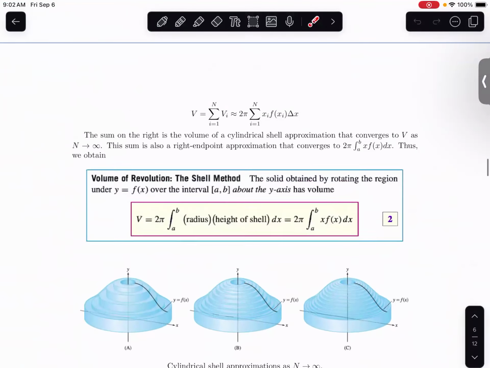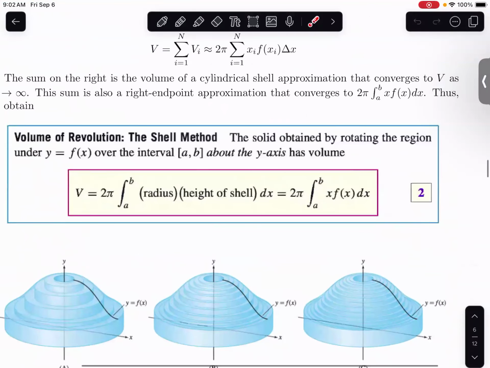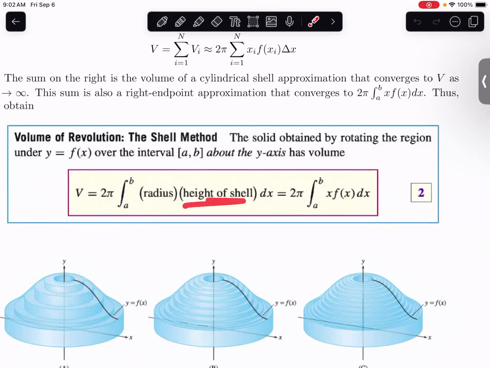So this is the equation we were working with on Wednesday. It's not exactly the circumference, but it's kind of close, right? We have the 2 pi r, like 2 pi times the radius gives you the circumference of a circle. And then we just need to make sure we multiply by whatever the height of the shell ends up being, which is given by f of x.